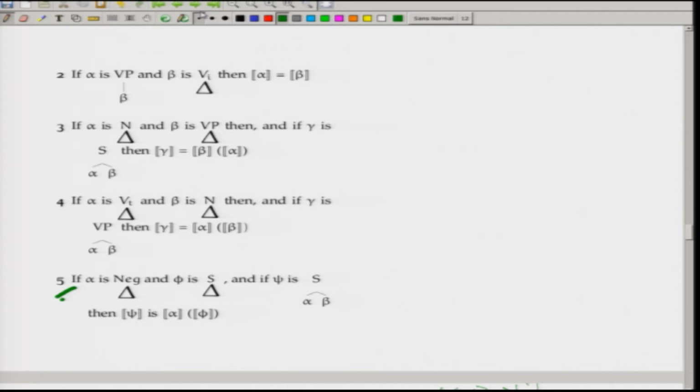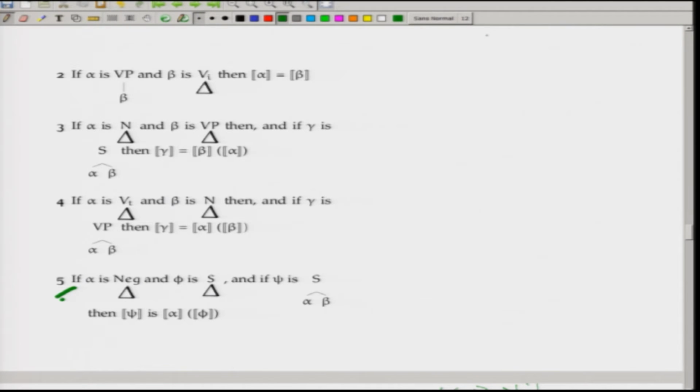Now we make a sentence whose truth value we know, something like Sadat loves Liz. So we are just making another sentence, which is: it is not the case that Sadat loves Liz.